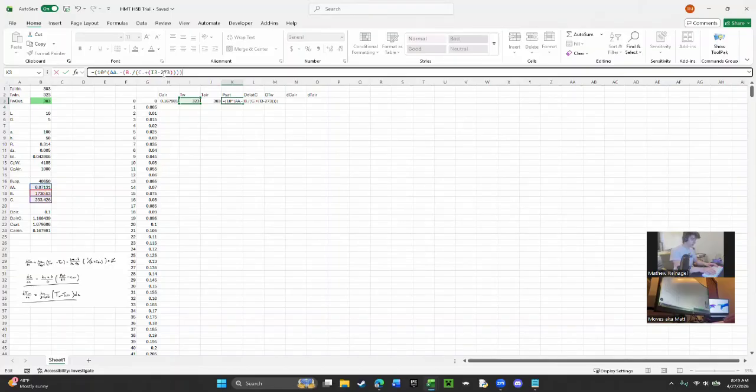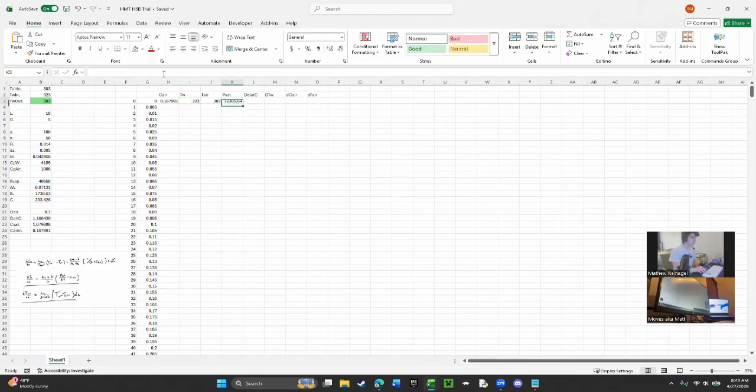And then I'm going to multiply this by 101.325 divided by 760. This is the same conversion that we've done before. So that should be the saturated pressure of the water coming in.